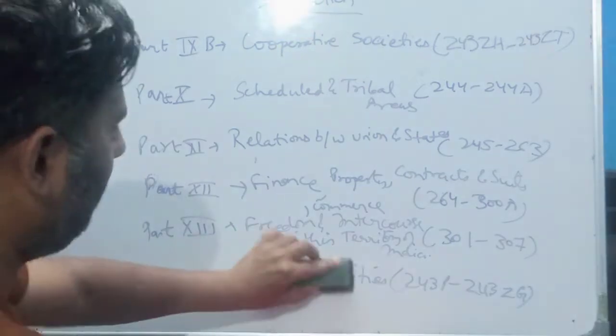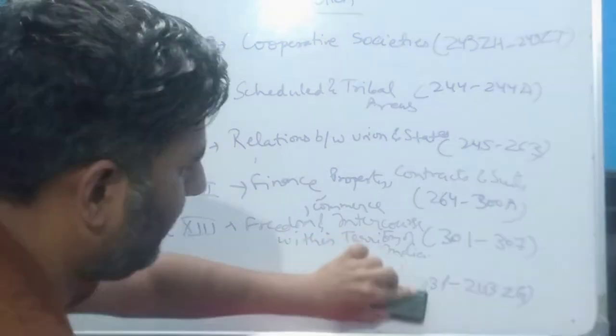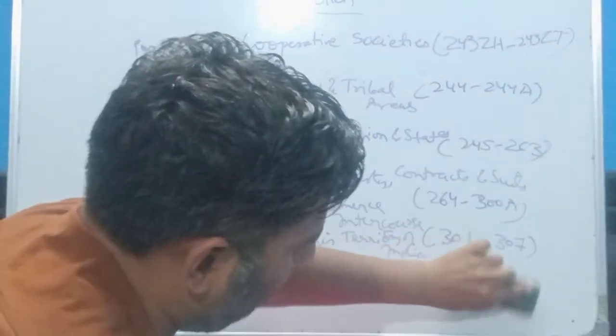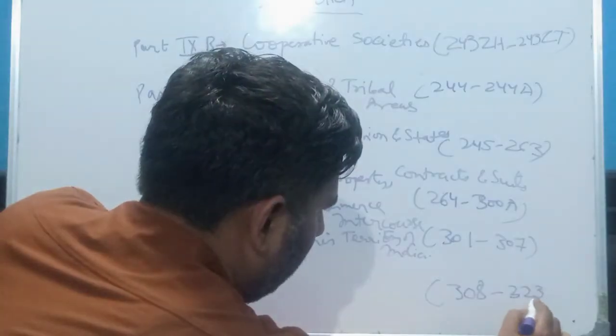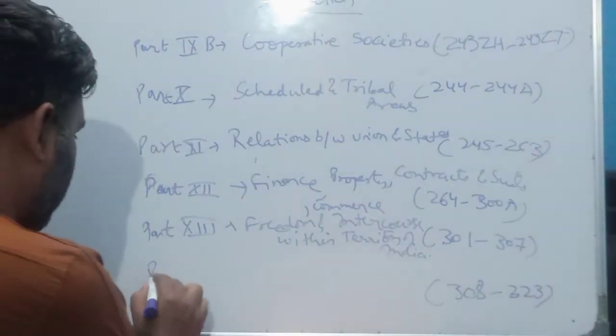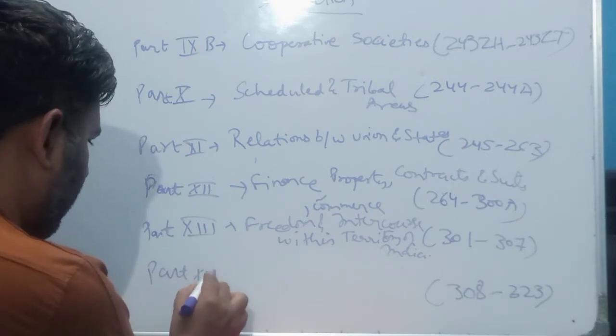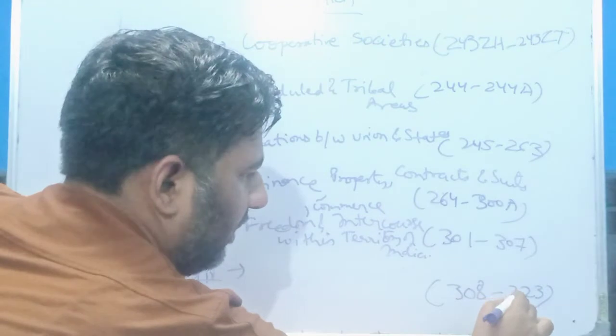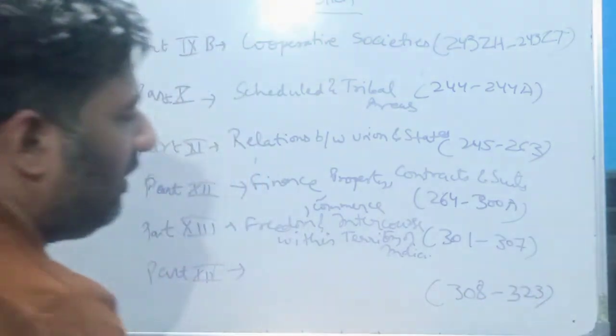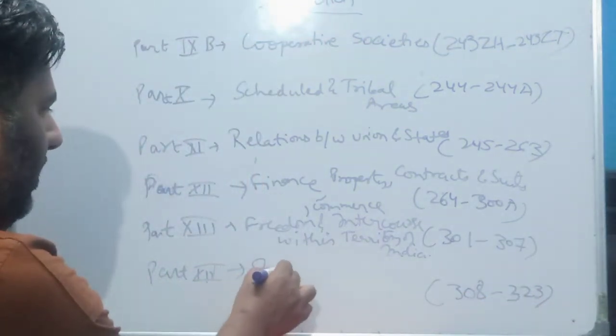Then we have part 14, which is 308 to 323, the services under the union and states.